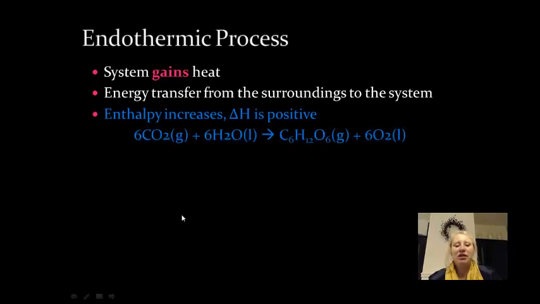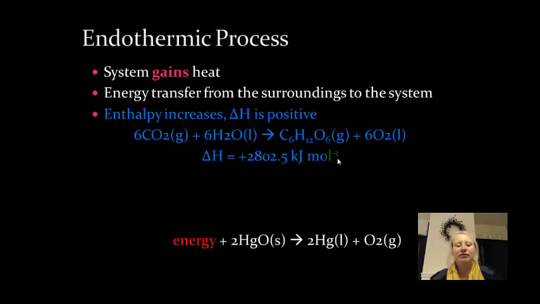For example, carbon dioxide plus water can combine to form sugar and oxygen. In this reaction, heat is entering the system, so our delta H will be positive 2,802.5 kilojoules for every mole of sugar formed. We write energy as a reactant in an endothermic process because it is entering the reaction.